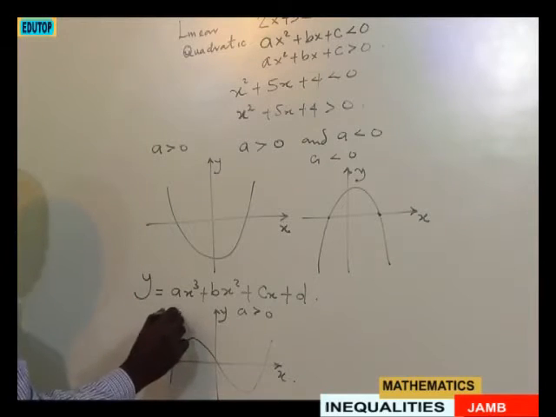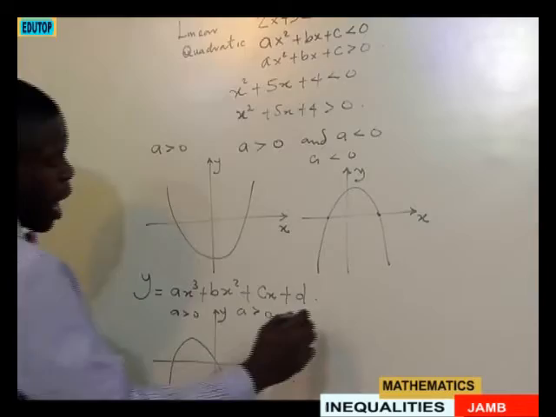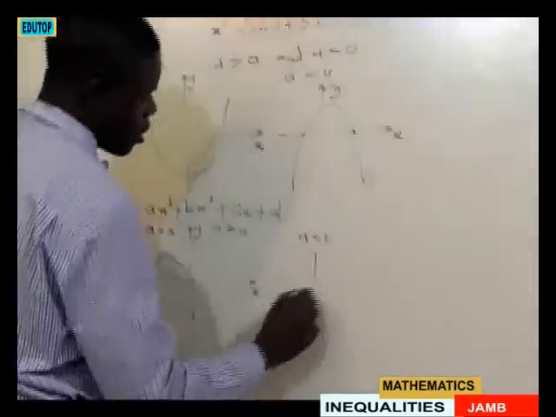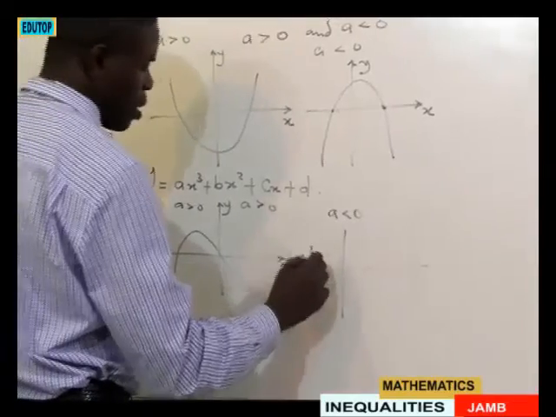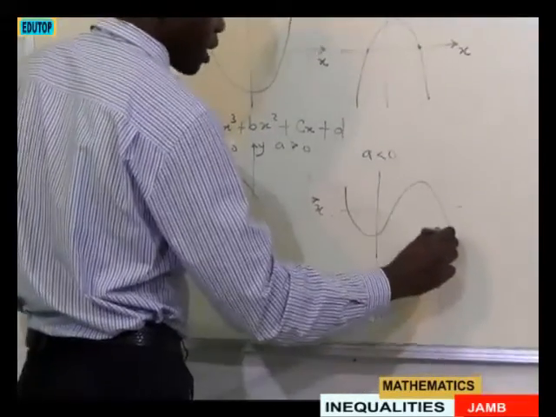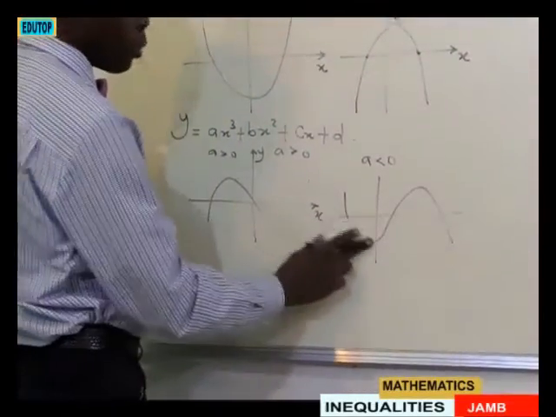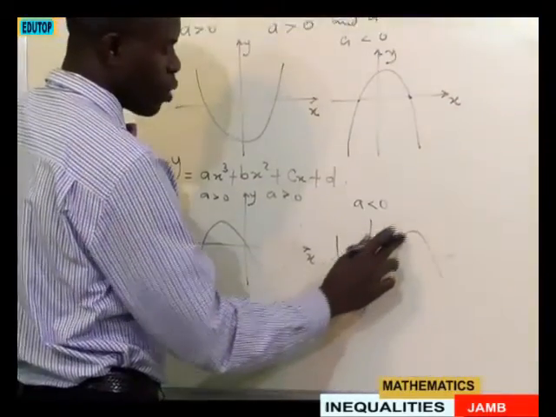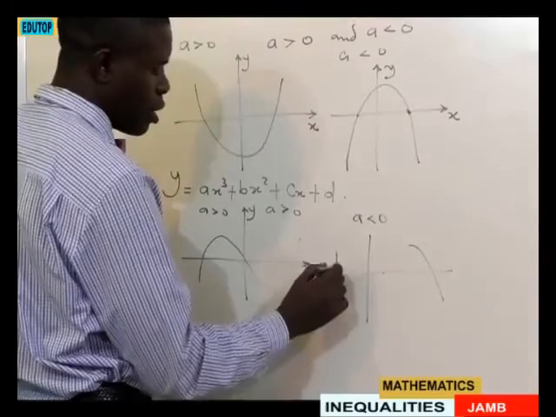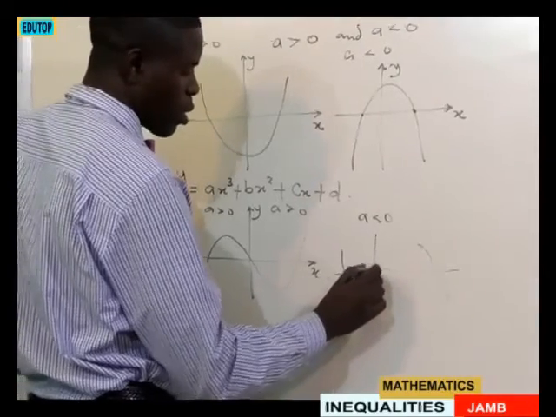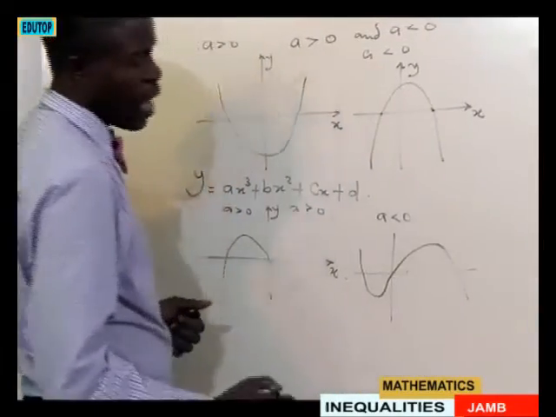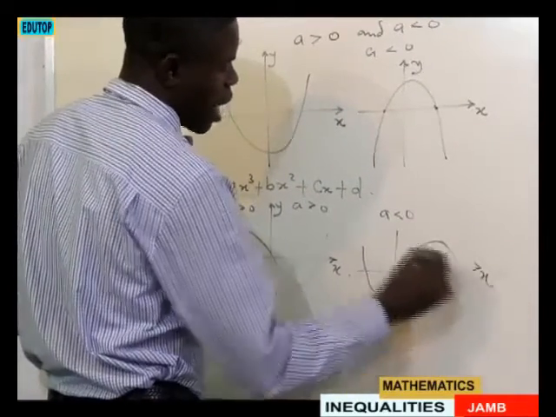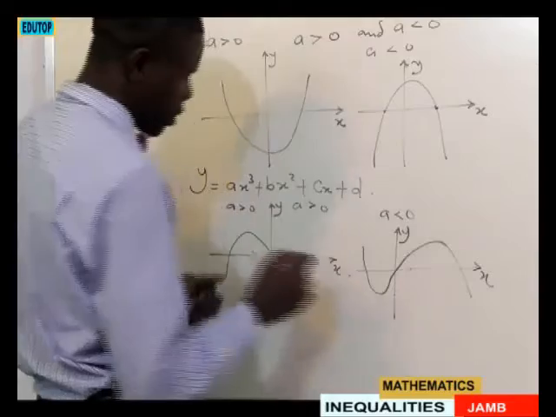Then when our a is less than 0, we are going to have a condition of this kind. Since it is going to pass through the origin, it will come this way, intersecting like this, where this will be our x-axis and this will be our y-axis.